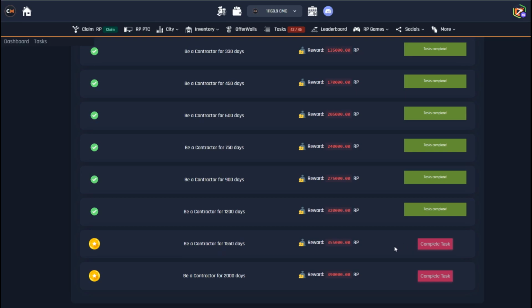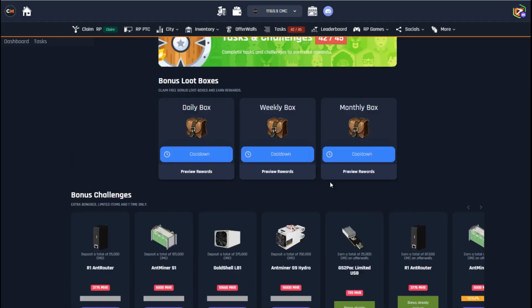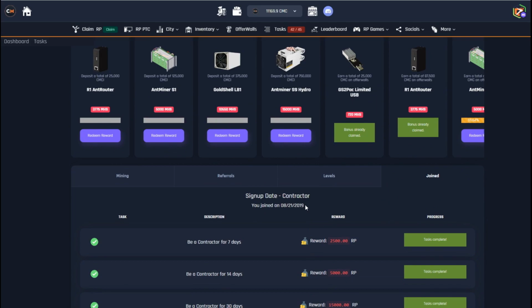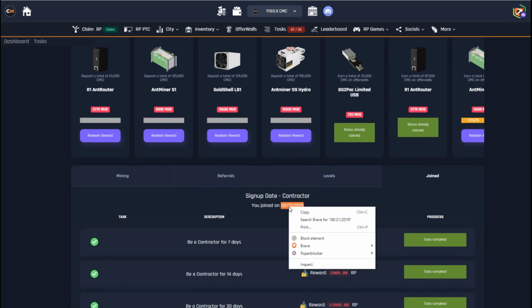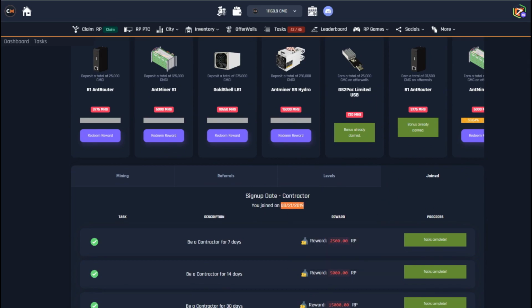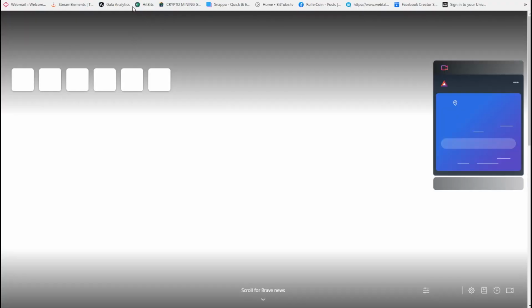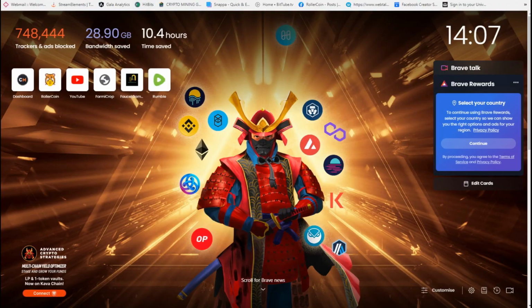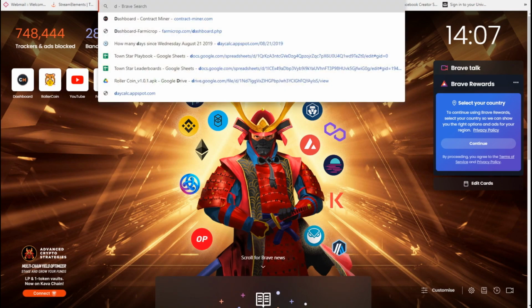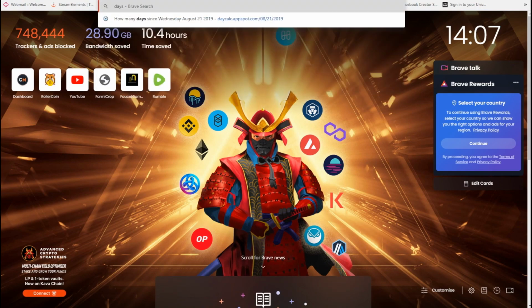So my next reward is 1,550 days I would have been on the site. Now if we take this date, and this is something you can do if you want to check, we copy that, and then you go into your search engine and type in days since August 21.